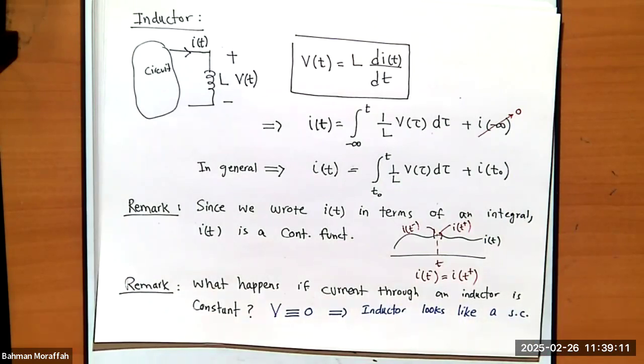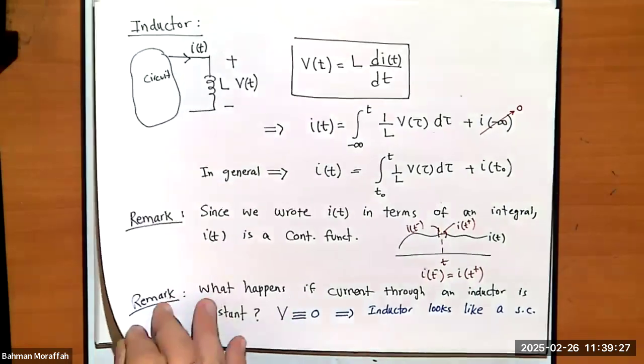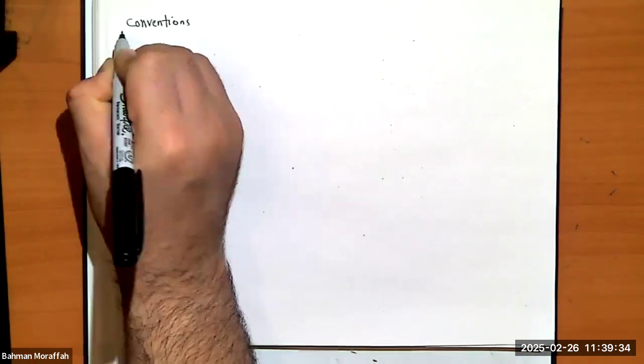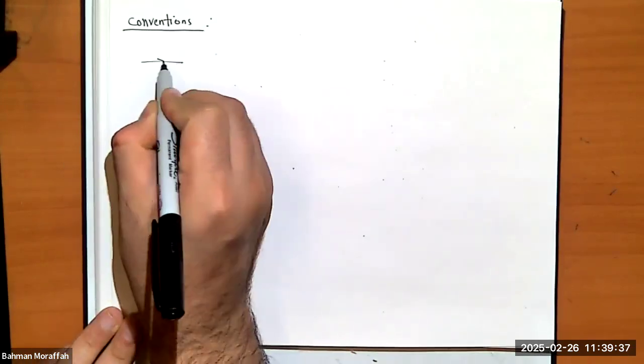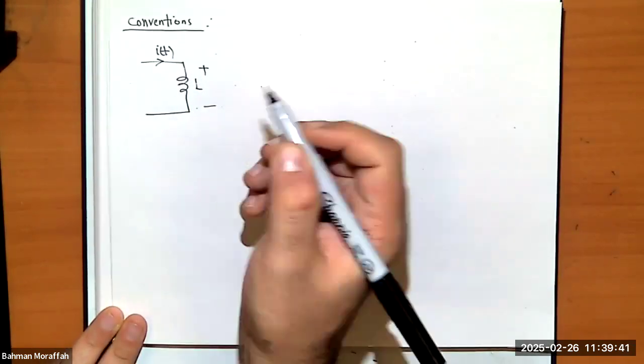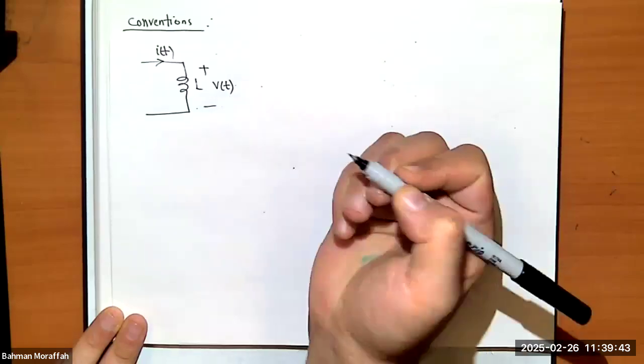And as you recall, for capacitors and resistors, we had some convention. If current hit the negative sign, the voltage was negative, and so on. We have the exact same thing here as well. So let me quickly write down the conventions. Let's say I have some I(t) going into my inductor, and this is V(t).